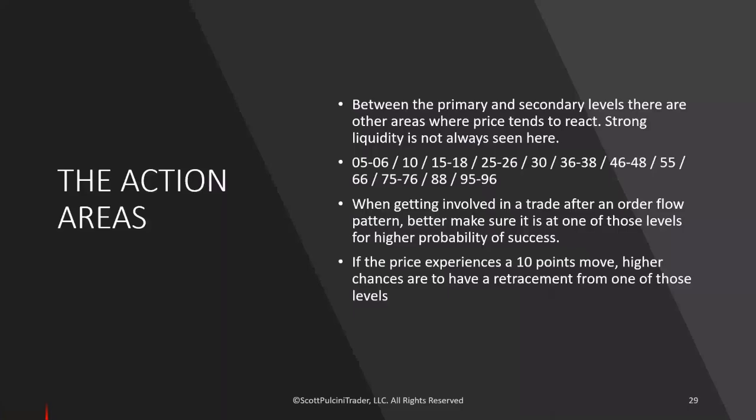And that's where we are going to look for entering, look for our exhaustion or absorption patterns and enter our trades. And those areas are between 5 and 6, or 5 and 06, the 10, the 15 and 18, around these small areas.